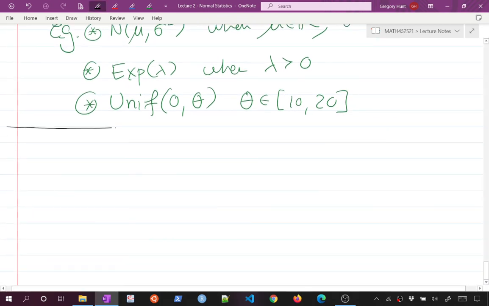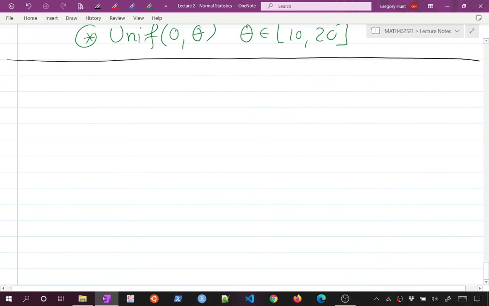One of the most important families, and this is a big family of distributions, is called the exponential family of distributions. So let's talk about the exponential family.